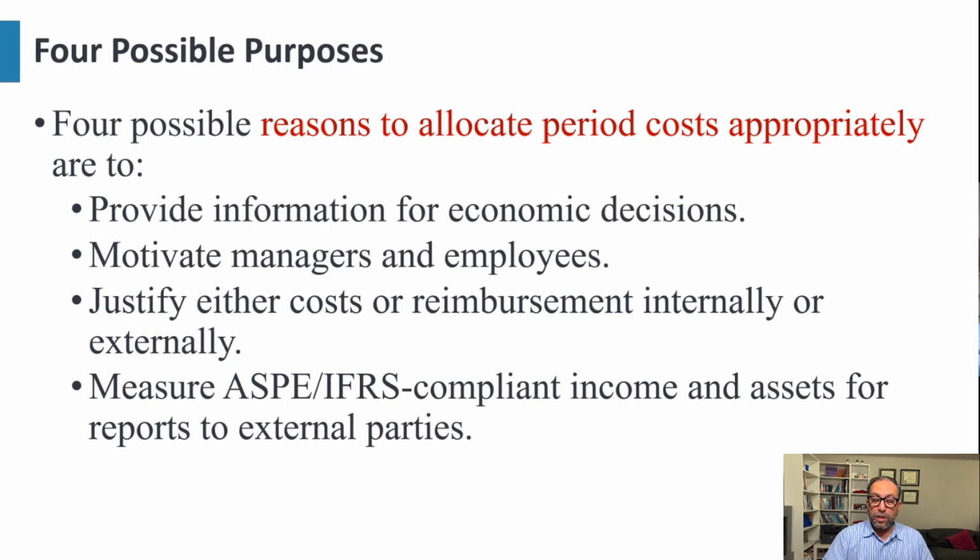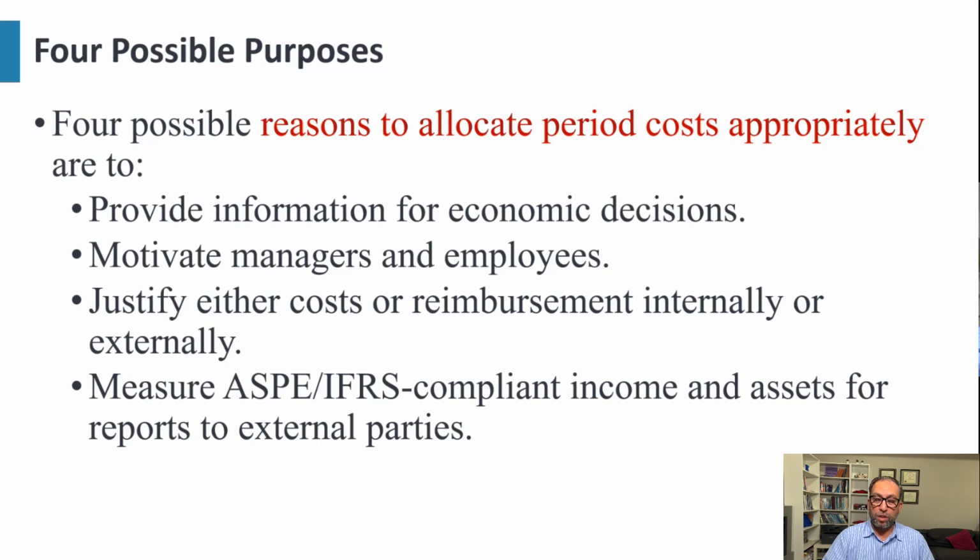So for that reason, it is very important that we allocate the costs of these supporting departments, whether downstream or upstream, to the product or the production department as appropriately as possible.